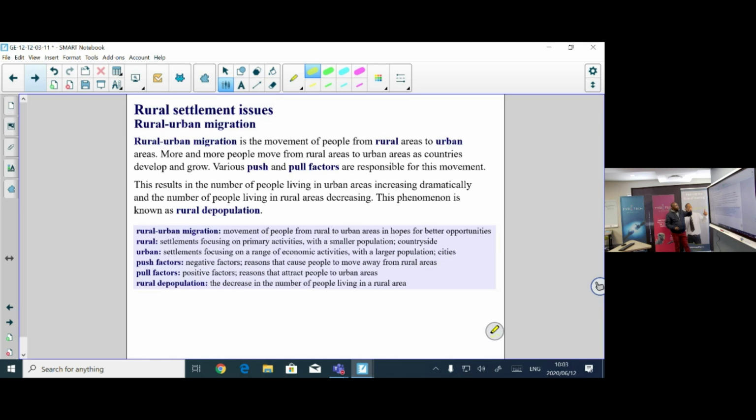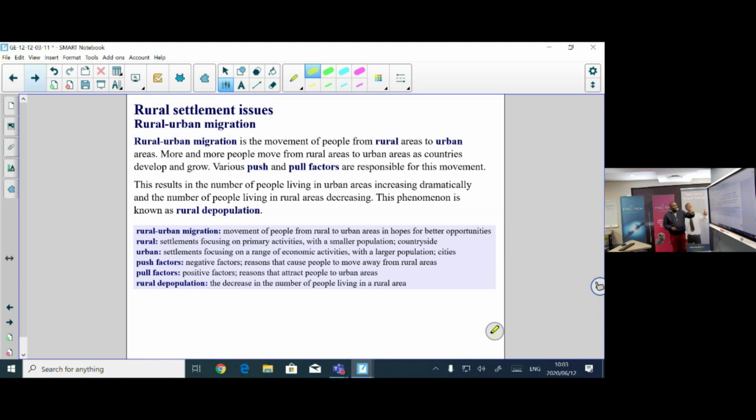Rural settlement issues. Let's look at migration now. What is migration? Right? When we talk of migration, we're talking of the movement of people from one area to another. So when we say rural-urban migration, we are saying people are moving from the rural areas and going to settle in the urban areas.